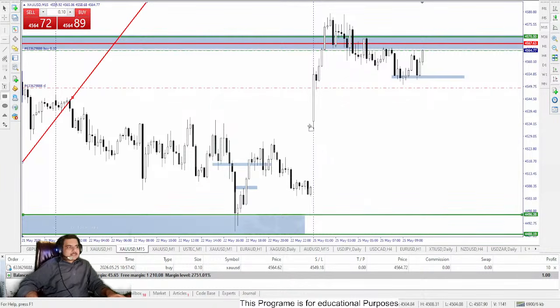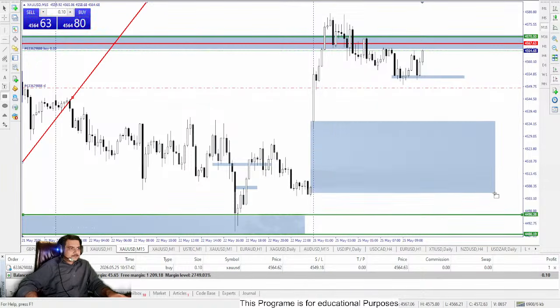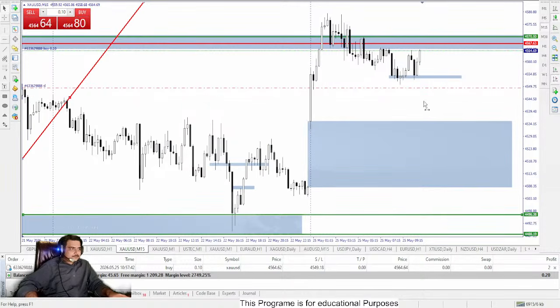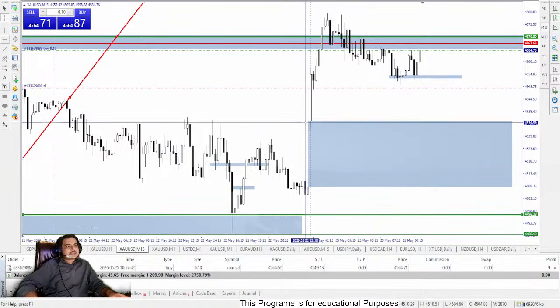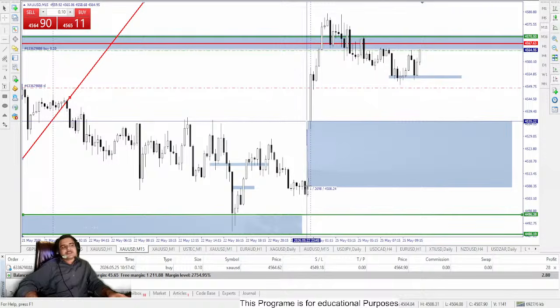Now let's discuss this gap. Everyone literally will be selling with this anticipation that the market is filling this gap.